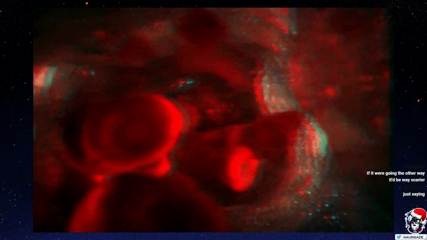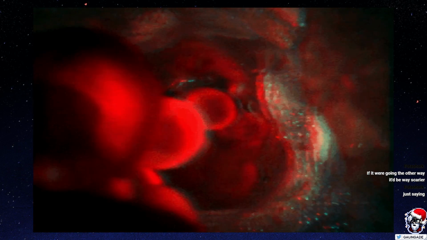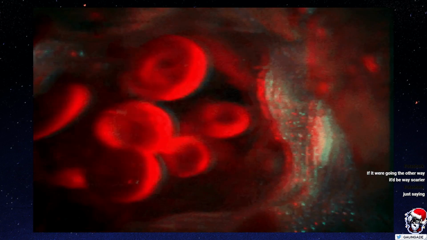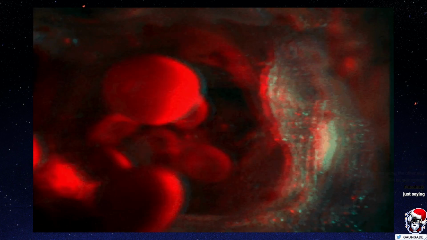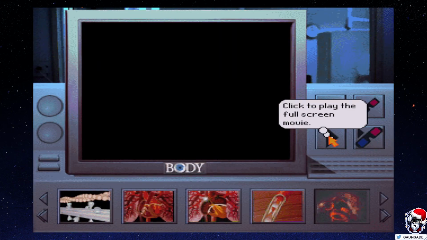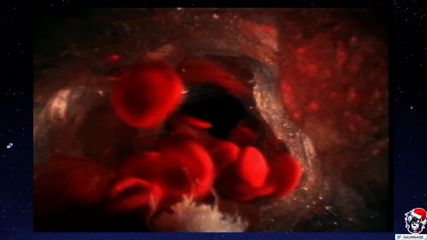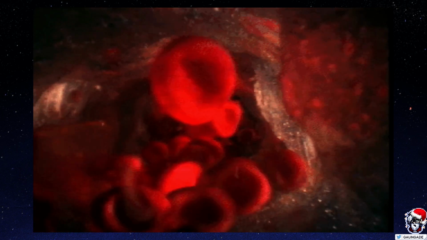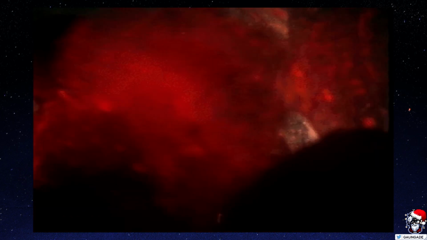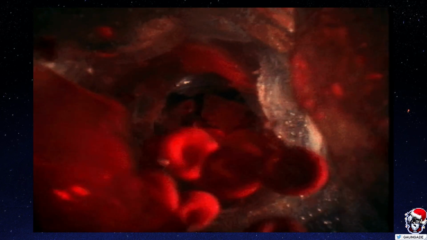This thing, it's coming at you. Mostly in 3D, you'd be trying to dodge them. Like, please stop! What's it like in not 3D? Wait. Yo, what the fuck? It's like mozzarella cheese going through there.